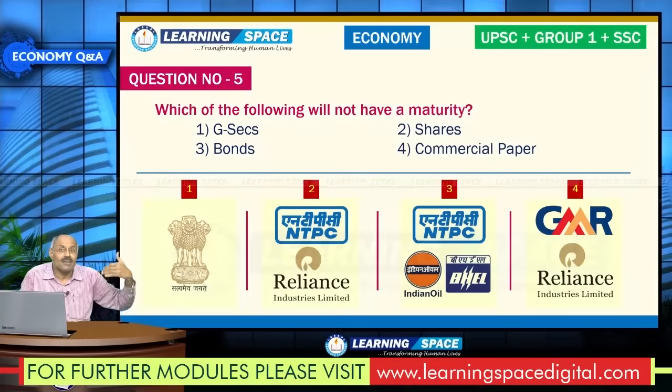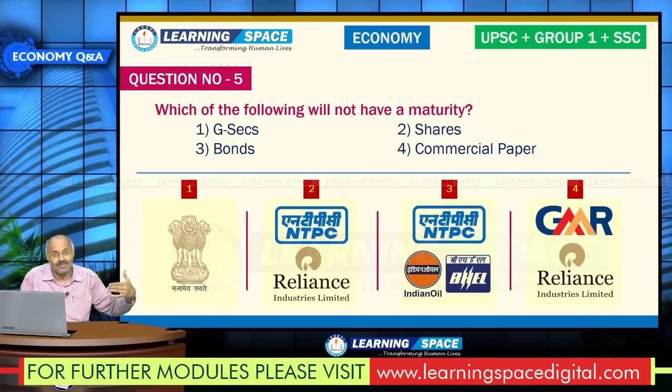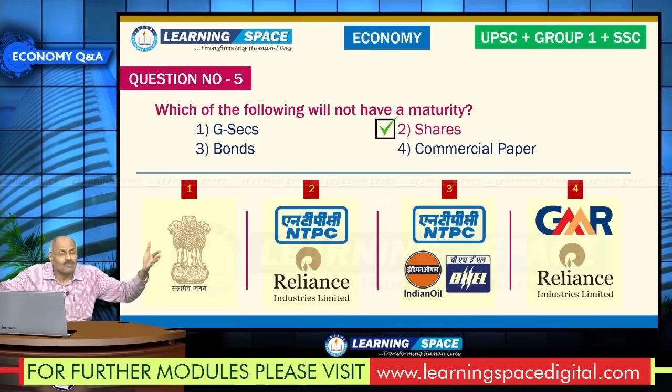Look at the next one. Which of the following will not have a maturity? So here the answer is shares. When you are talking about maturity, government securities will have a specific time period, 20 years, 30 years like that. Bonds are also issued with a fixed tenure of 10 years, something like that.